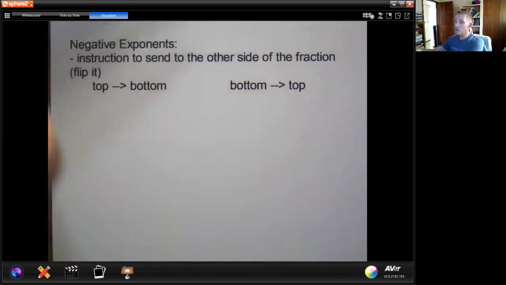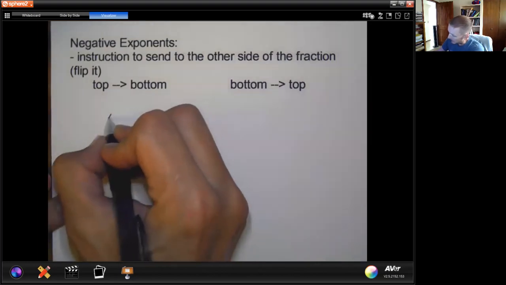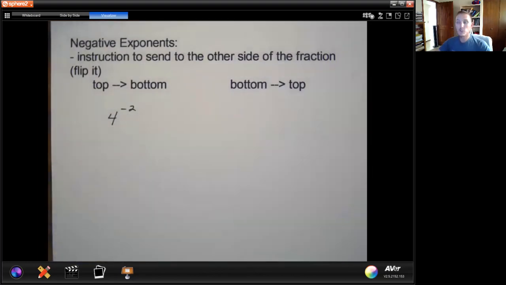So if we're going to look at a particular problem like that, we have to say, okay, what am I going to do when I have some of these negative exponents? The first thing we're going to say is, okay, what if I'm already sitting in the top of a fraction, or if it's just a regular old number? So let's say, for example, I have 4 to the negative 2 power. Well, that negative exponent is an instruction to send it to the bottom because it's already sitting on the top.